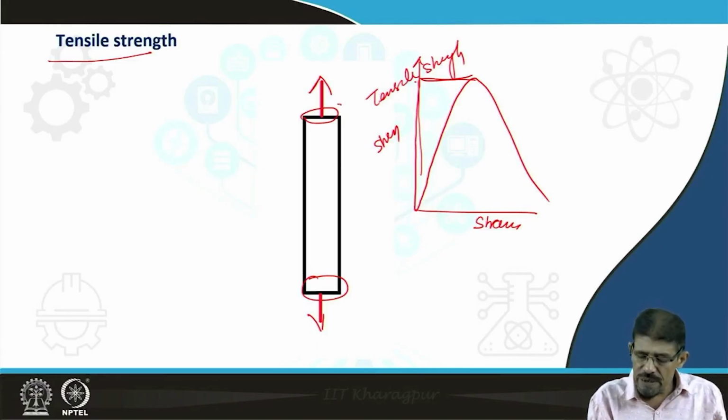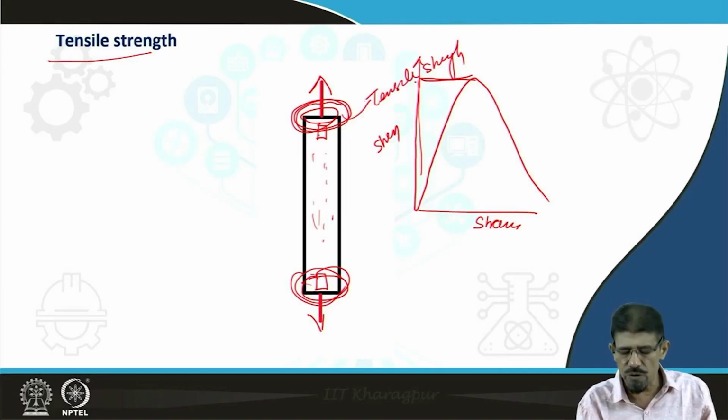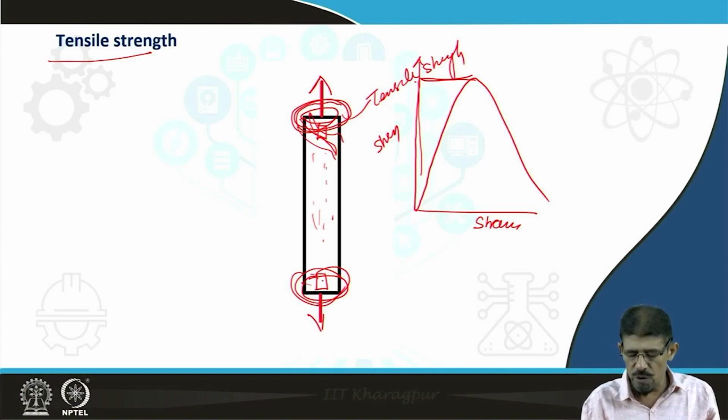However, it is very difficult to attach the sample ends to machines by using grips or hooks and others. The distribution of stresses in the sample is uneven and erroneous. Sometimes it may cause failure at this point, sometimes failure at the hook point, sometimes failure near the grip point.